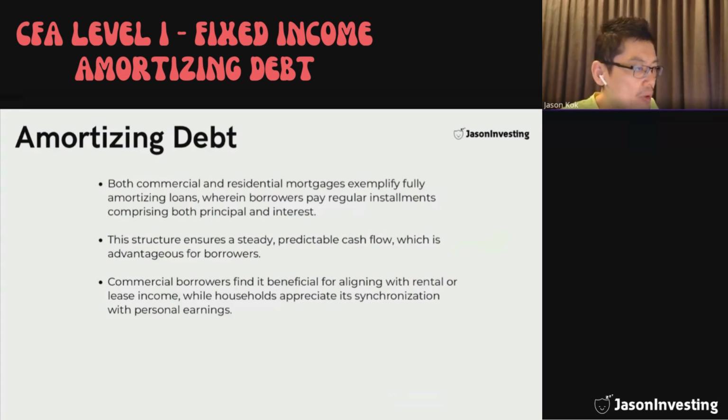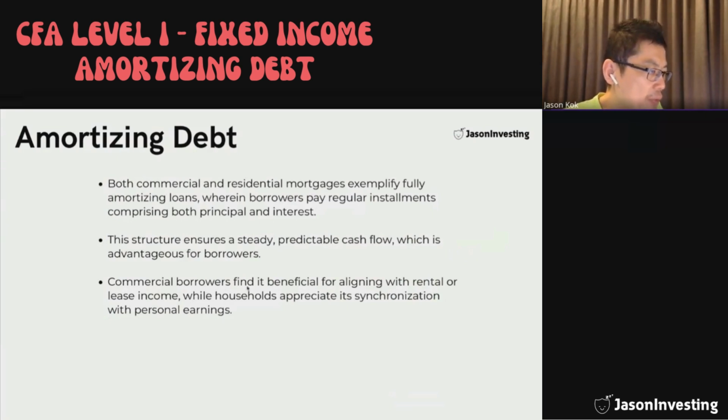But for a borrower, it could be advantageous because it's a more predictable cash flow, and you actually reduce your leverage as time progresses because you're getting more and more of your principal back. But then again, that could not be a good thing as well if you want to have a constant leverage.